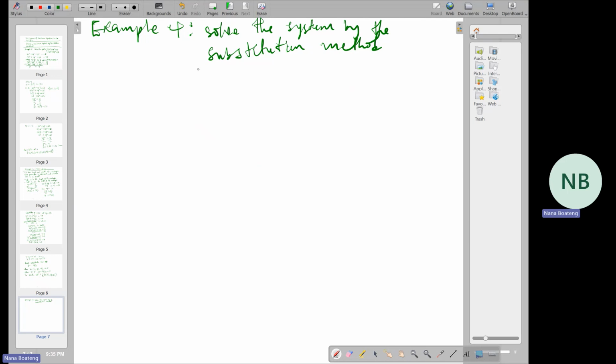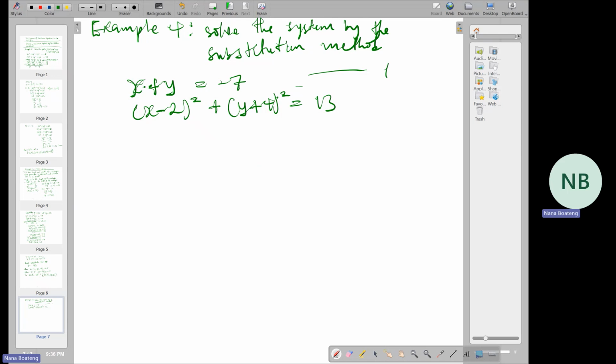And the system we are given is x plus y is equal to -7, and x minus 2 squared plus y plus 4 squared is equal to 13. So we have two equations. We call this our equation 1. We'll call this our equation 2. All right, so solve by the substitution method.